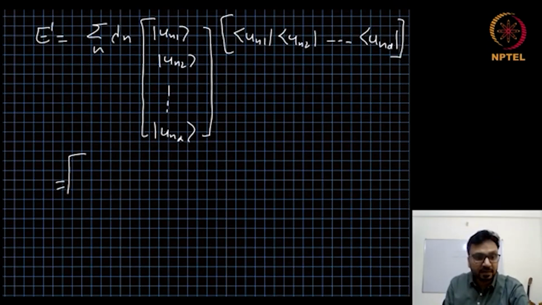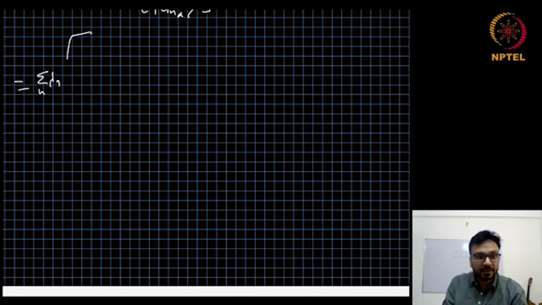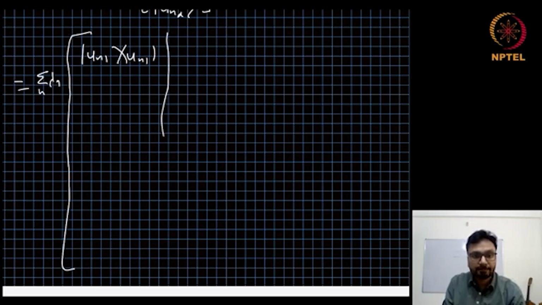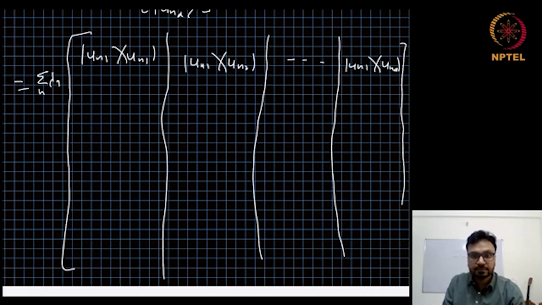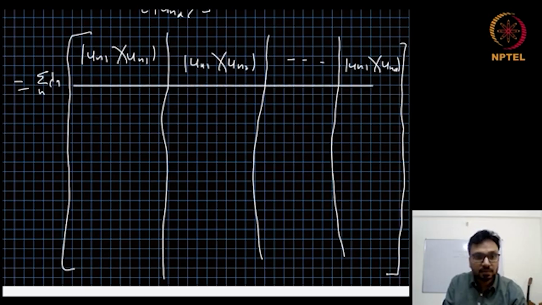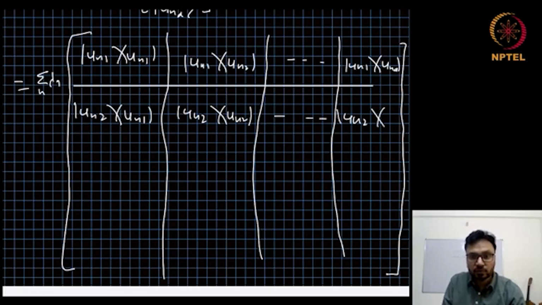If we expand it, we can keep the sum over n outside, and lambda n times the matrix of blocks un1 un1 dagger, un1 un2 dagger, un1 unD dagger, un2 un1 dagger, un2 un2 dagger, un2 unD dagger, and so on.